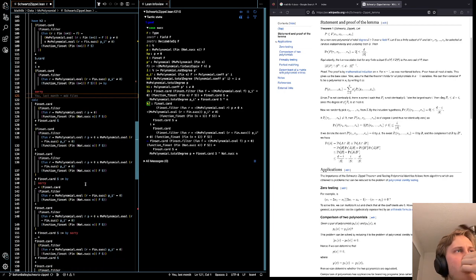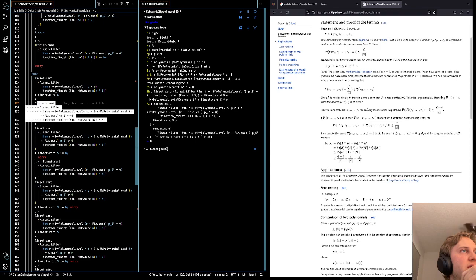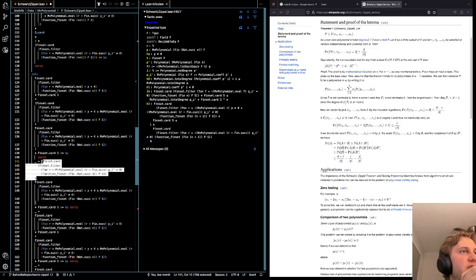So what do I do immediately after that? Right, so this has to be some application of some library lemma. That seems sensible to me. And then, what do I do here? Right, so what I do is I immediately simplify this to this.